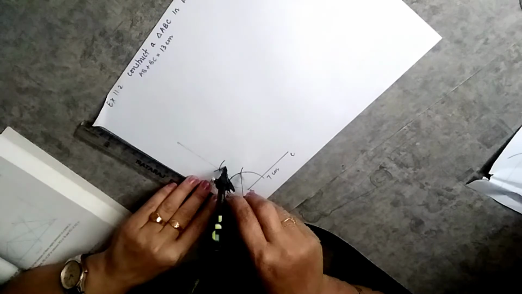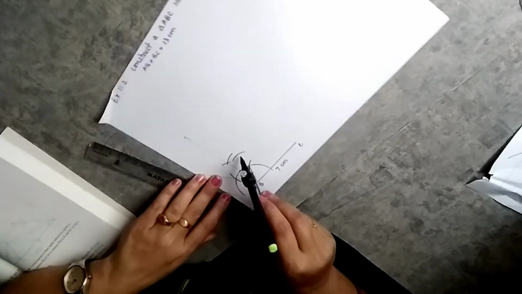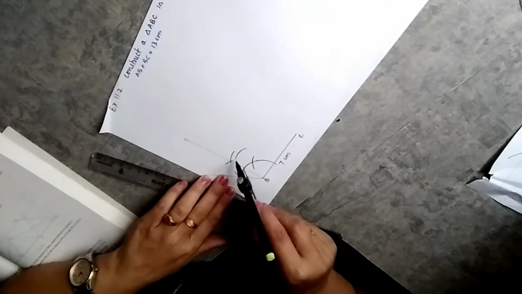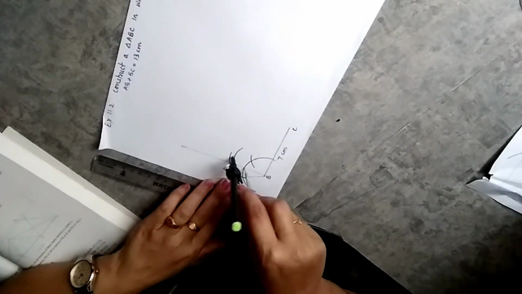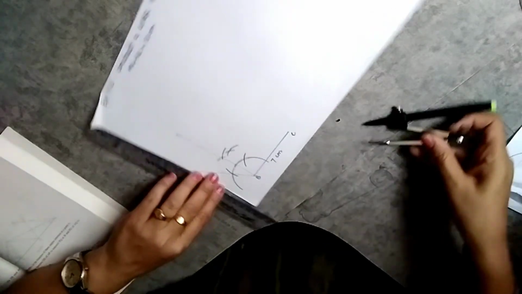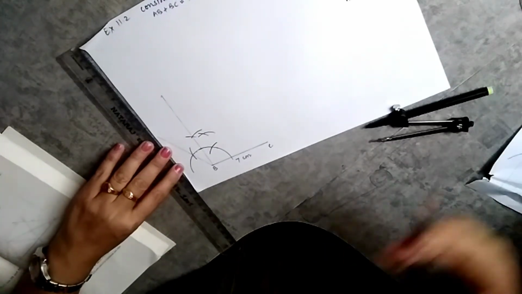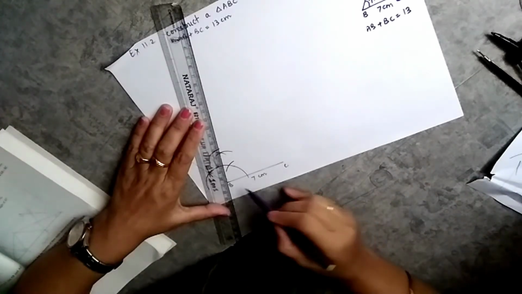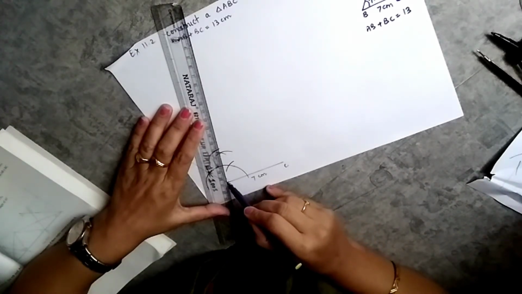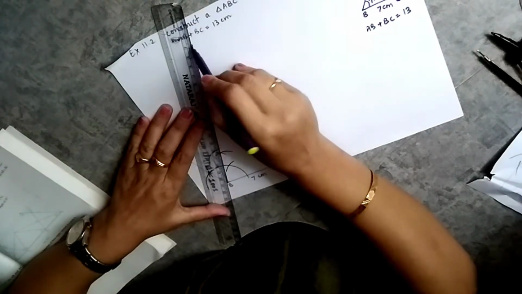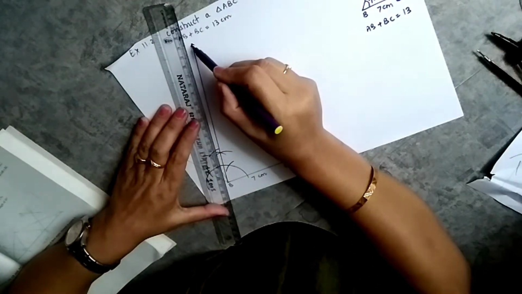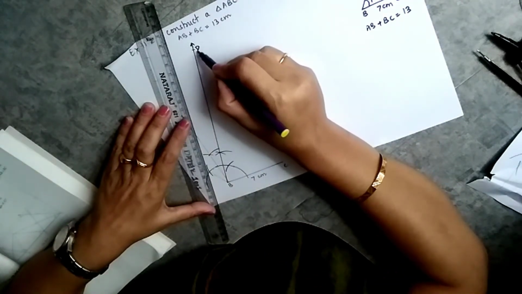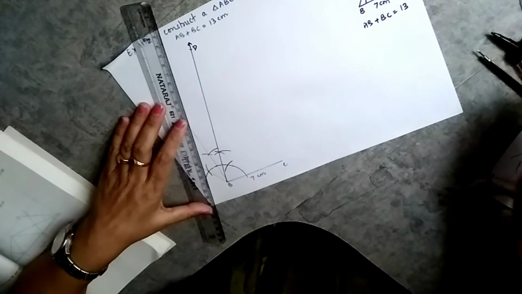So we will construct angle bisector between 60 degree and 90 degree and will get an angle of 75 degree. After joining this point with B, we'll get an angle of 75 degree. We can draw a ray BD.